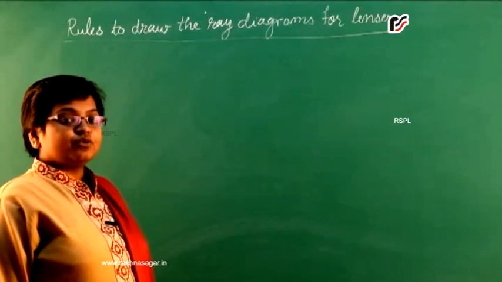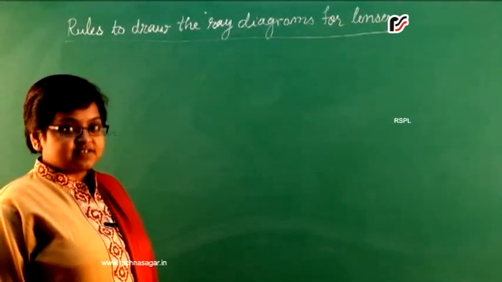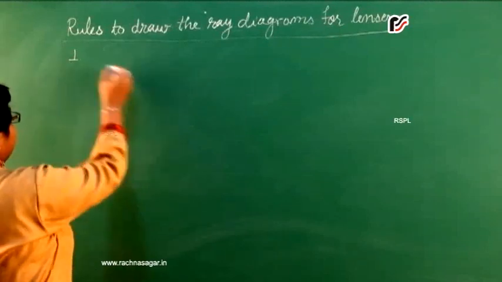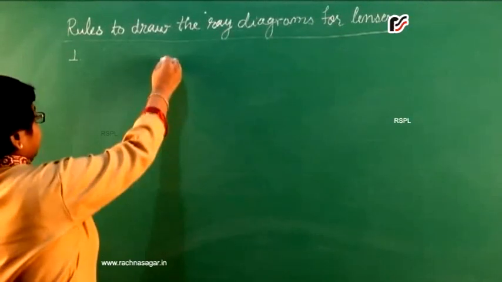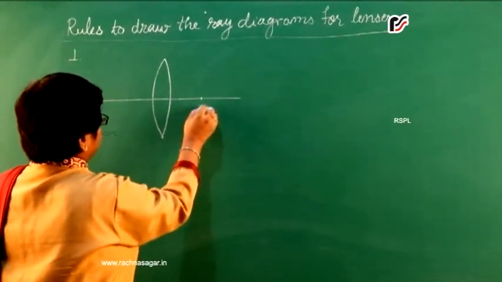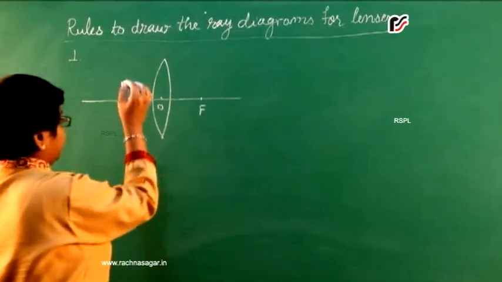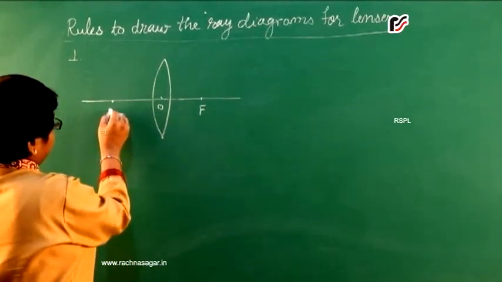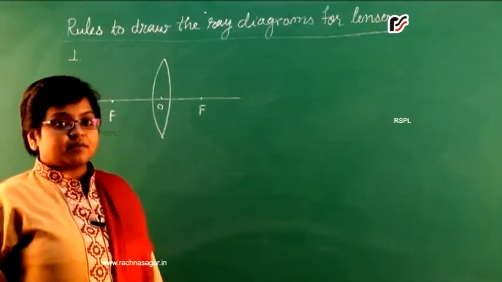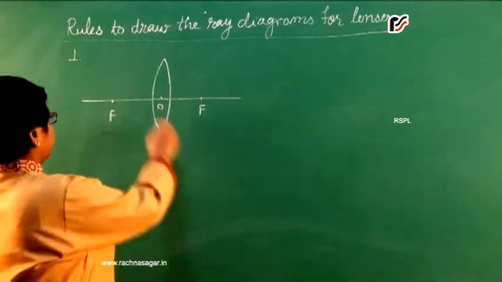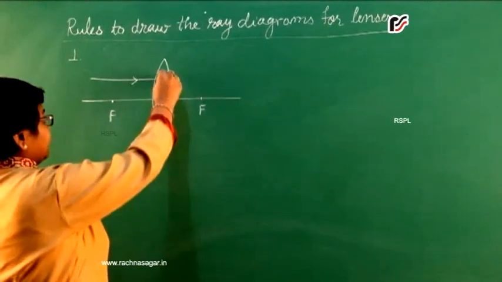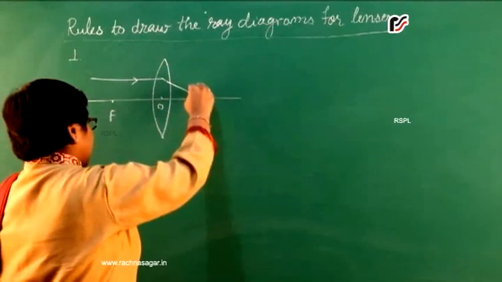Now we discuss the rules to draw the ray diagram in the case of lenses. There are three rules for both lenses. The first one is: if any ray comes parallel to the principal axis in front of a convex lens, then after refraction from the convex lens it passes through the focus.